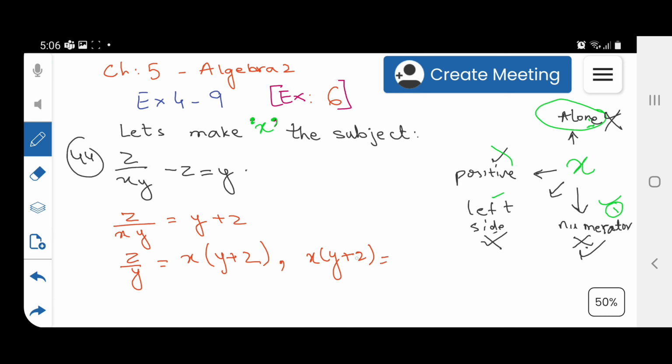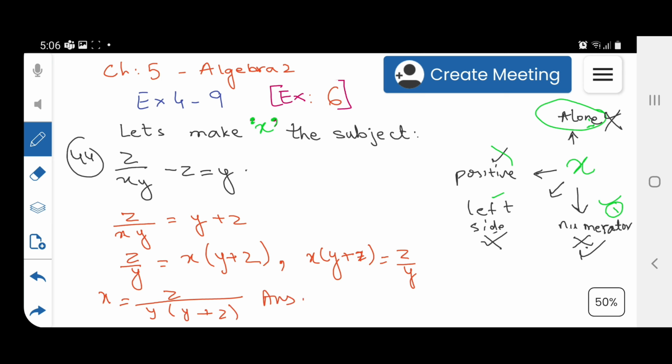This is z, okay, don't get confused. This is z, and on the other side we had z by y. Now we want to make x all alone, so just send the bracket to the numerator, because it's here in the denominator. So we can say that x equals z by y into y plus z. So this is the answer.